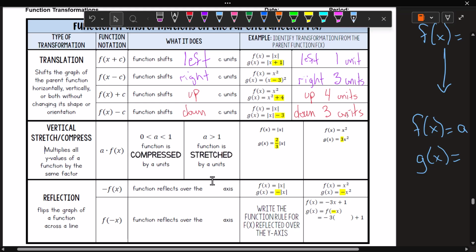Then our vertical stretch and compression, this deals with our a, the term in front of the f of x or in front of the parentheses, depending on how we write it. If a is between 0 and 1, so small numbers, it is a vertical compression.